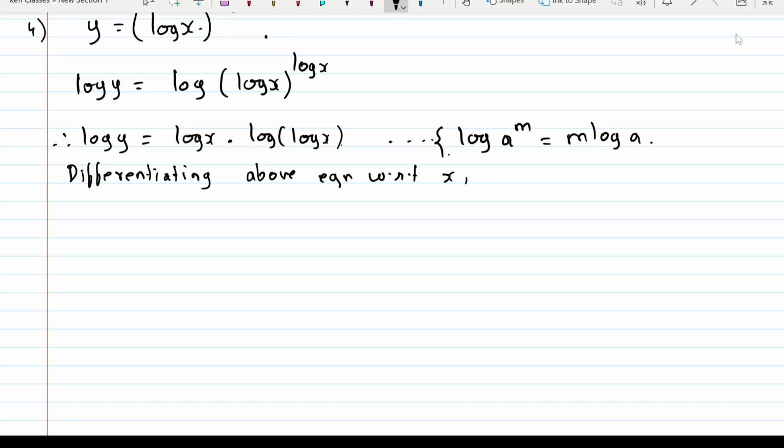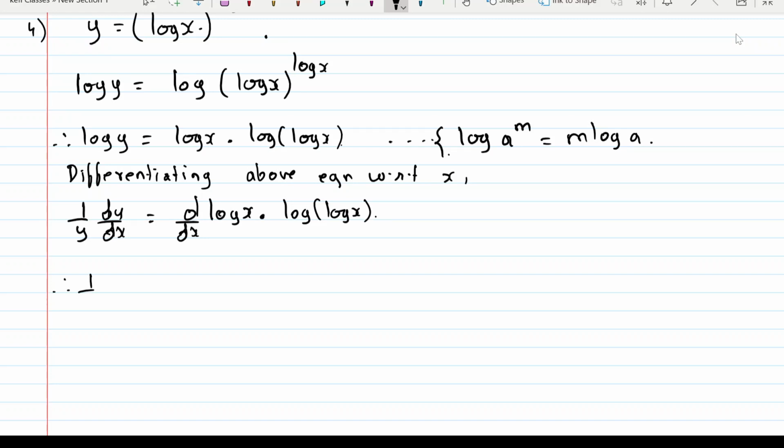So therefore 1/y dy by dx is equal to d by dx of log x into log of log x.